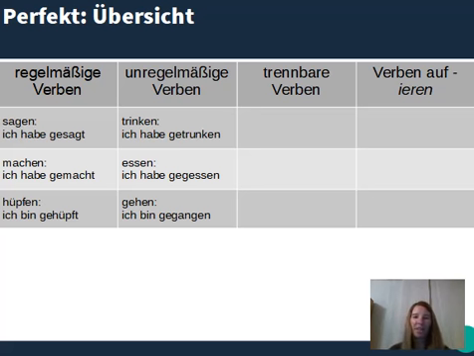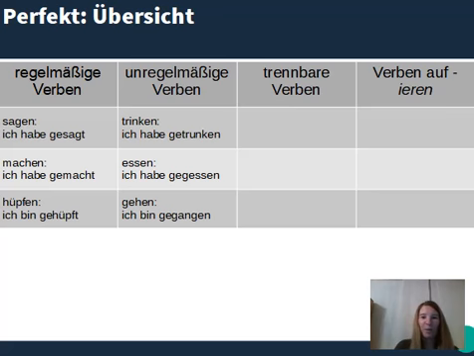A lot of times the ending is en. Regular verbs are easy. They use the ge in the beginning and the t at the end. But both regular and irregular verbs can be formed with haben or sein. Okay, remember when there's a movement, like in gehen and hüpfen, you use sein. Ich bin gegangen, ich bin gehüpft.